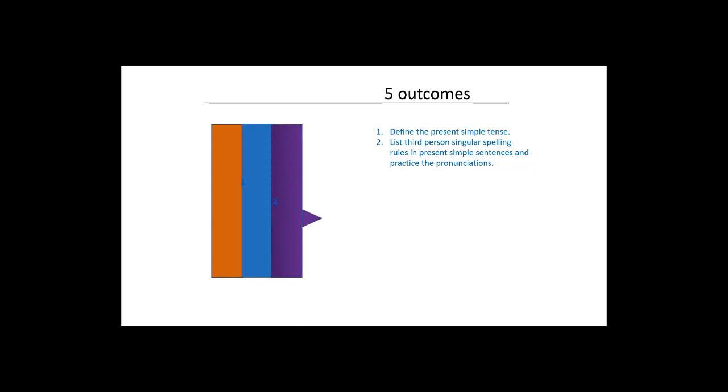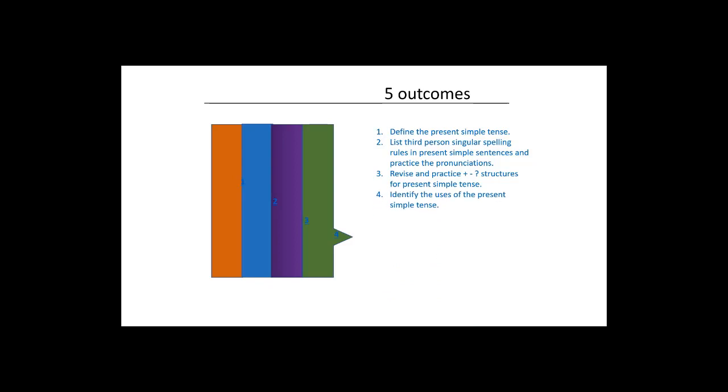Outcome number 3 is we're going to look to revise and practice the affirmative, negative and interrogative structures for present simple tense. So we're going to look at how we can get the structure of the sentences together. And number 4, we're going to look to identify the uses of the present simple tense.